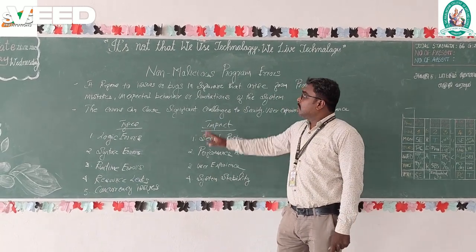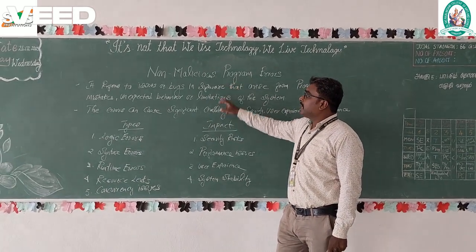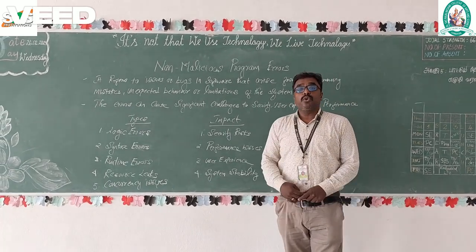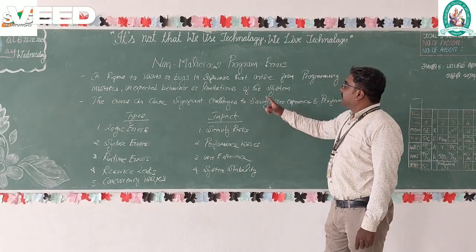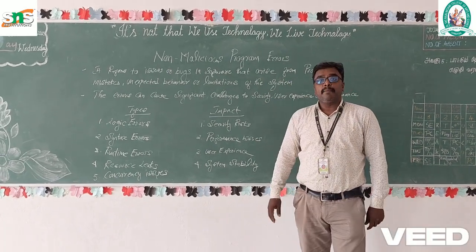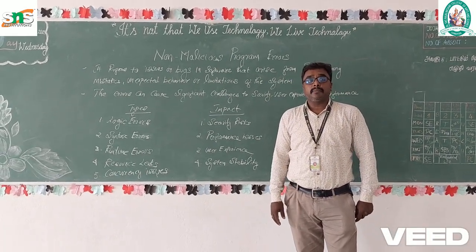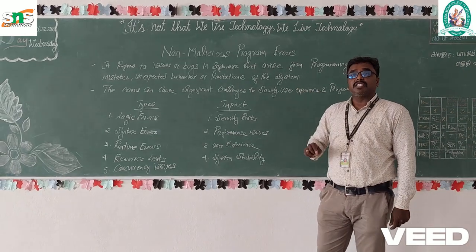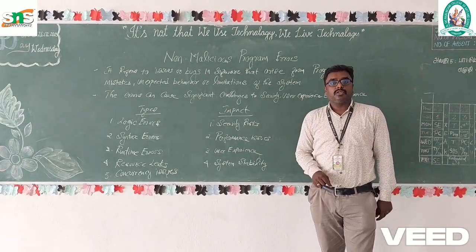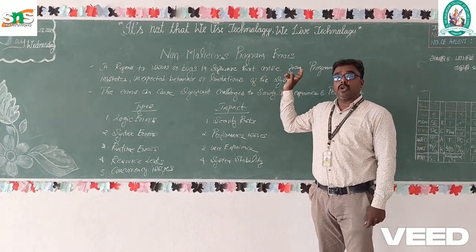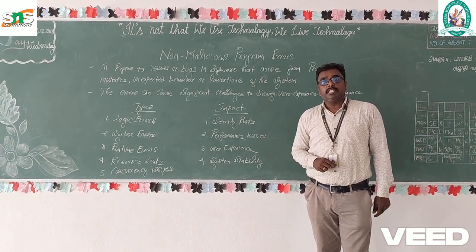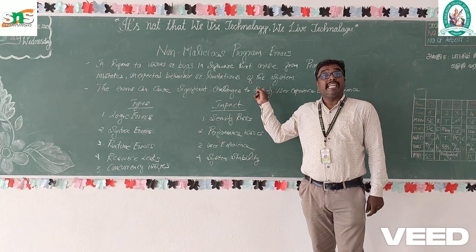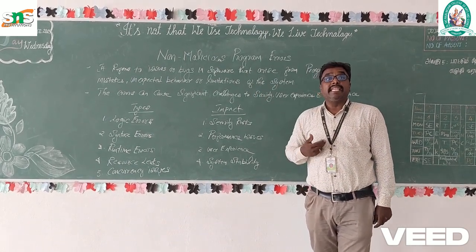First, let us discuss what non-malicious programming errors are. It refers to issues or bugs that arise from a programming mistake, unexpected errors, or limitations of the system. This type of error we call a non-malicious programming error. It is not intentional. What do I mean by intentional?